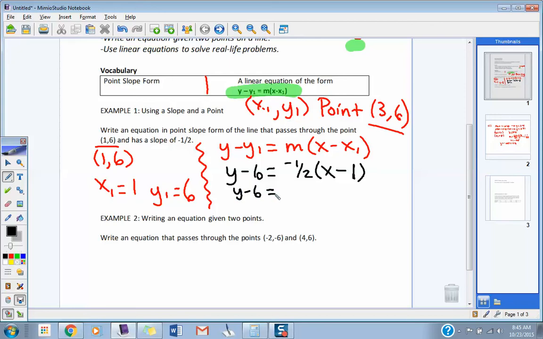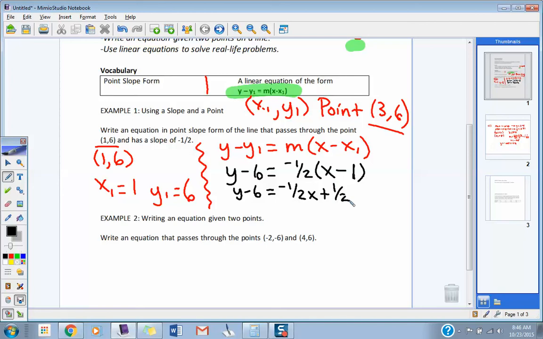We haven't talked about that for a while, so let's refresh our memory. Negative half x. Be careful on the second part. Plus a half, you bet. Negative 1/2 times negative 1 would be positive 1/2, right?